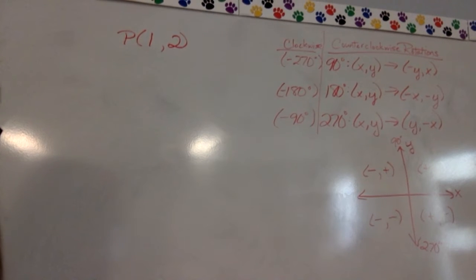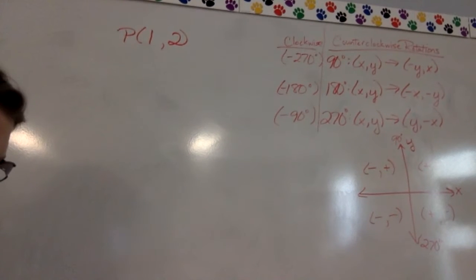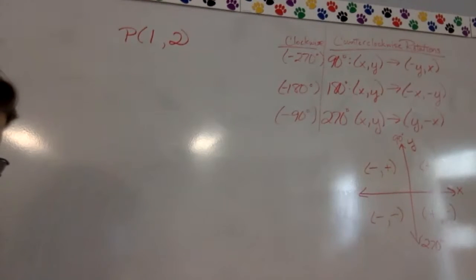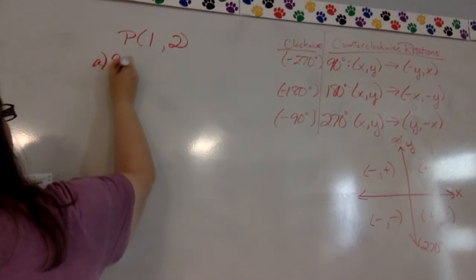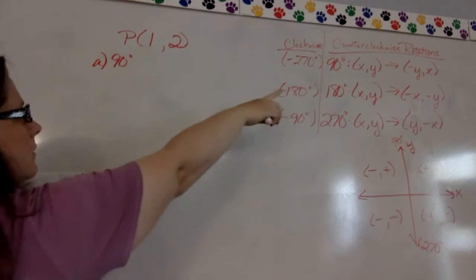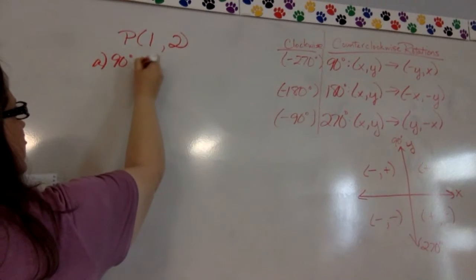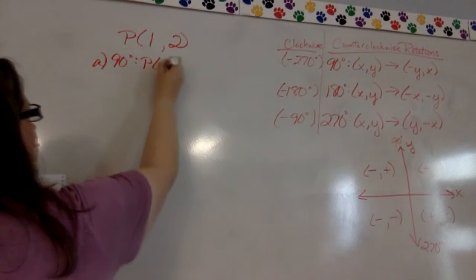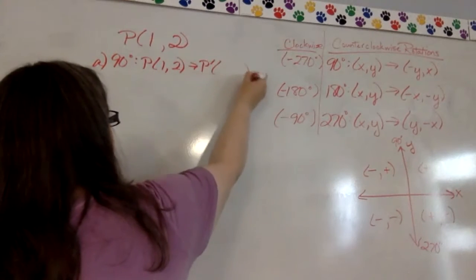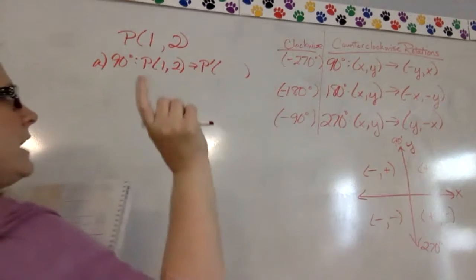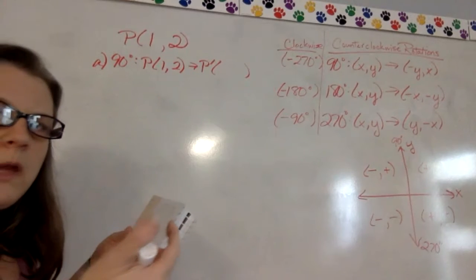Okay, so on here, the original point P is at 1, 2 as its coordinates. So in part A, it said a 90-degree rotation. Okay, so look at our rules. Originally, point P is at 1, 2. When I find my new point P, it said on my rule, I switch the order of the two numbers.